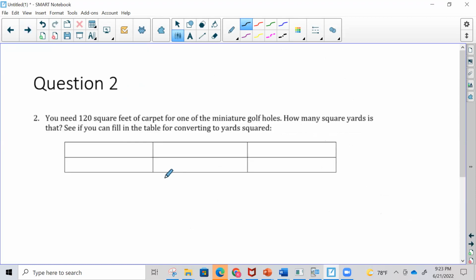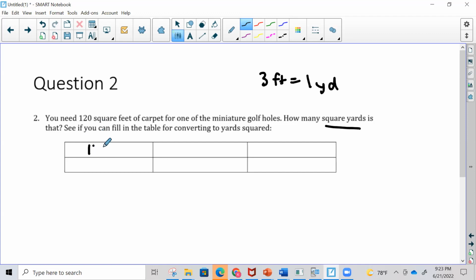Okay, so let's look at another example. You need 120 square feet of carpet for one of the miniature golf holes. How many square yards is that? Okay, so 3 feet is equal to 1 yard. Again, that's one you should make sure that you know. I start with what I'm trying to convert.